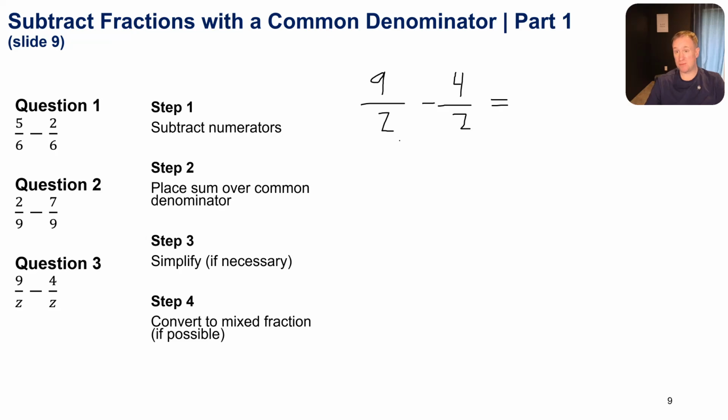If this was a different letter, I wouldn't be able to combine it, just to let you know. So 9 minus 4 then is 5. Place the sum over a common denominator of z. Now 5 over z, there's nothing really to simplify here. There's no coefficient with a z that I can do. I can't convert it to a mixed fraction because I don't know what the z is. So this is as far as we can go.